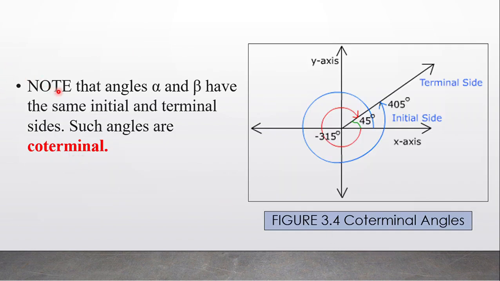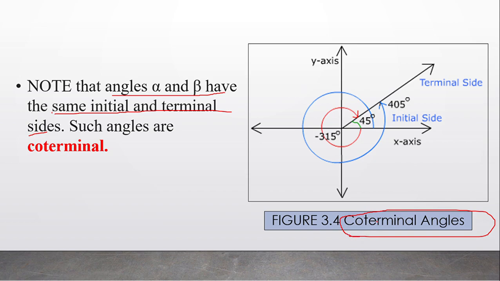Note that angles alpha and beta have the same initial and terminal sides. Remember that angles with the same initial side and terminal side are called coterminal angles.